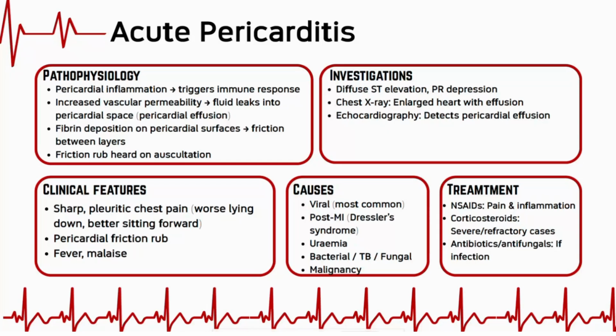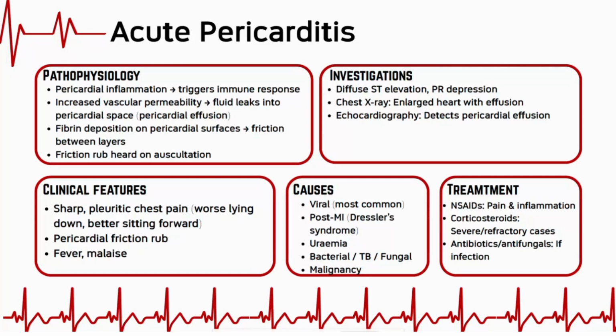So these are all tests to find out if that person has a viral infection. And with other investigations, such as your chest X-ray, we can possibly see an enlarged heart with an effusion. This may influence our treatment options.